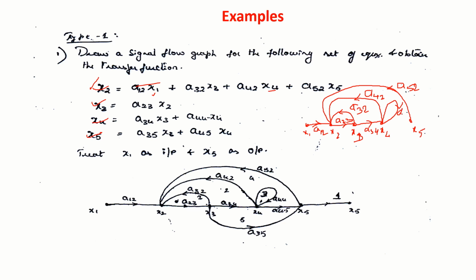This is a44. Next, x3 to x5. This gain is a35. Next, x4 to x5. The gain is a45.